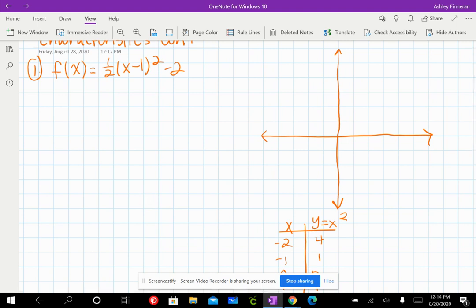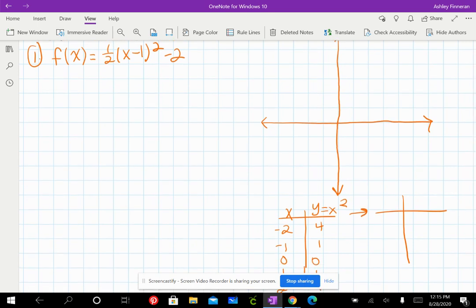Now, if I want to talk about transformations, I know that what's happening inside my function, so inside of the squared, will affect the x values of my transform function. And so we know that in the form y equals a times (x minus h) squared plus k, h is your horizontal shift.